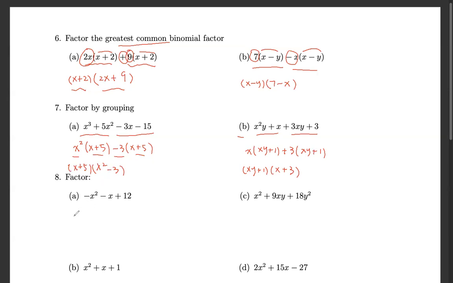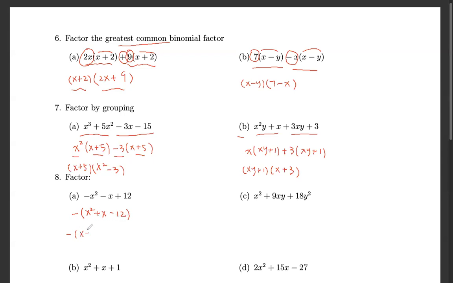Factor out trinomial. The first term is negative, so let's factor out the negative sign first. Inside, x squared is positive, and x becomes positive, but 12 becomes negative now. Then we think about two numbers that multiply to be negative 12, adding up to be 1.